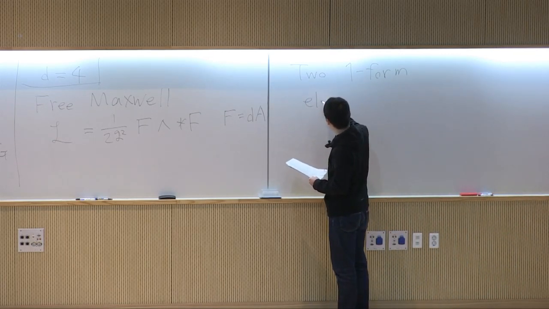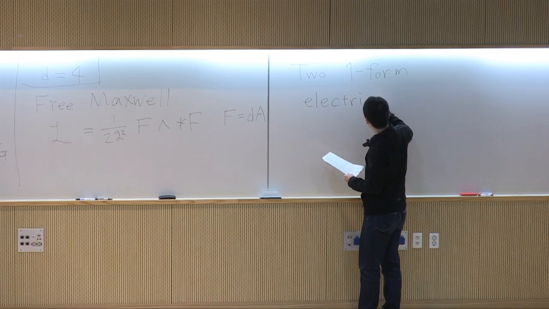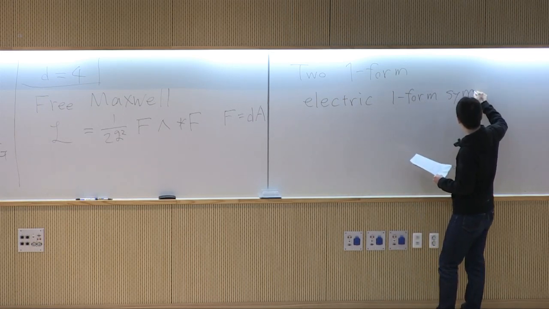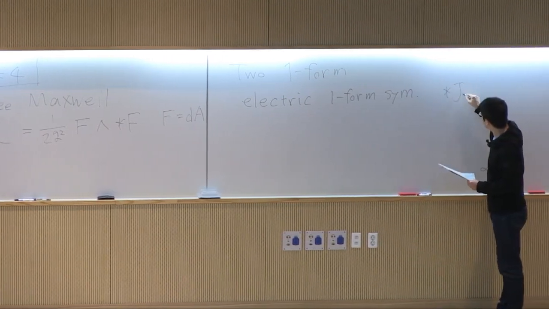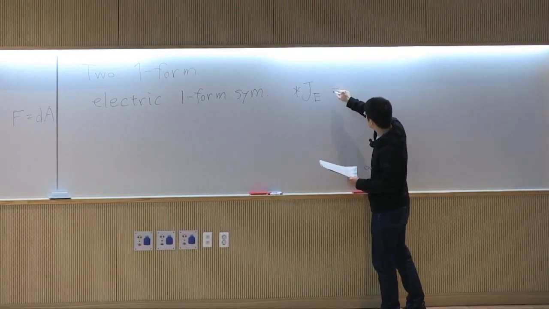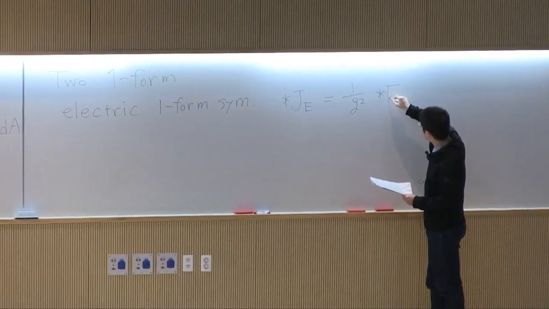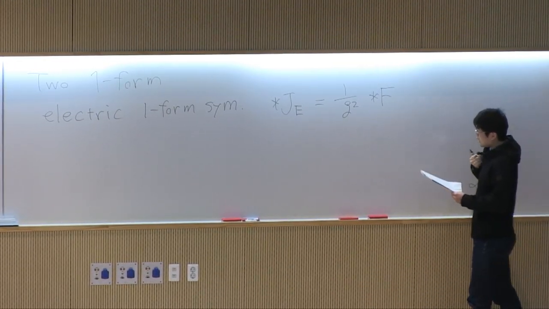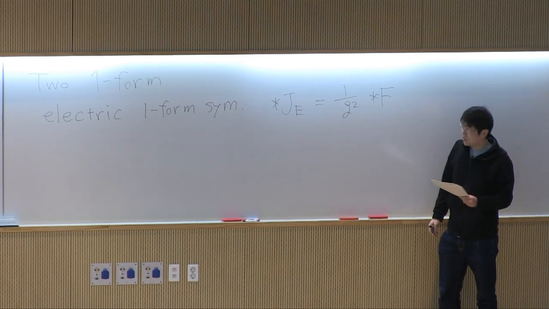So there is the electric one-form symmetry. The conserved current of this electric one-form symmetry, or more precisely its Hodge dual, is given by some factor times the Hodge dual of the field strength. Here I put this factor 1 over g squared, the coupling, just for convenience.